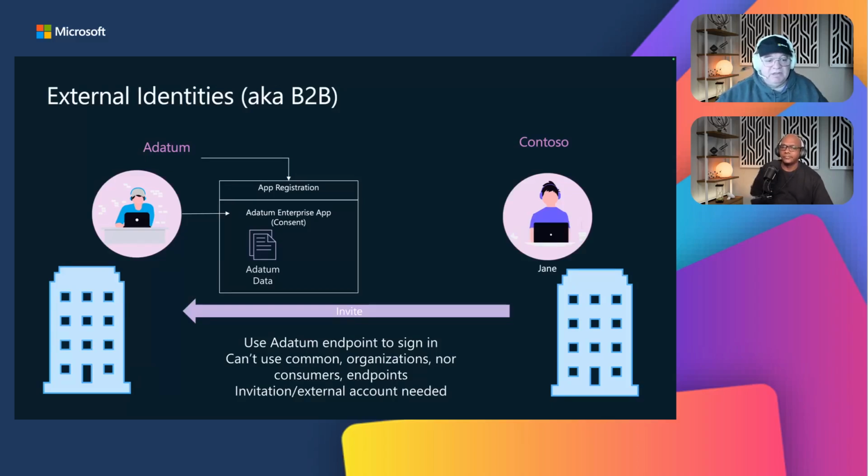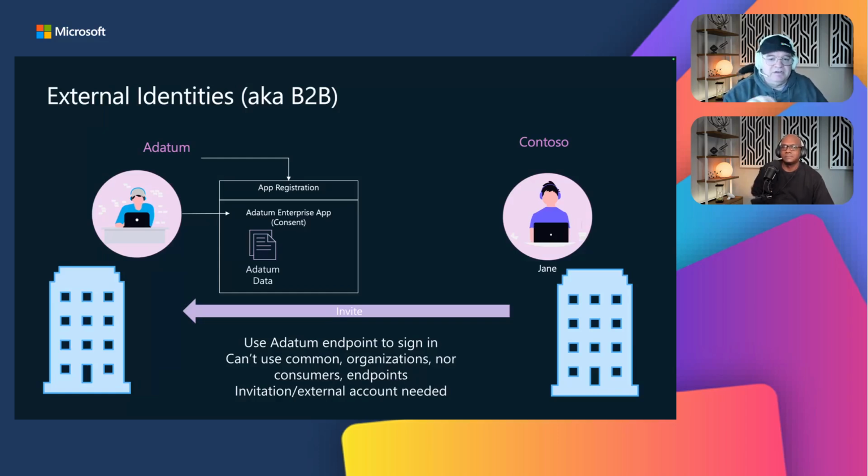Assuming that she accepts the invitation, we will create an object for Jane in the adatum tenant. So that invitation process brings in what we refer to as a guest object. Now, all of the rights and privileges that Jane has in the adatum tenant are really because we're managing that guest user object.